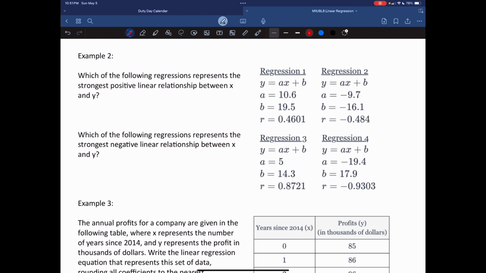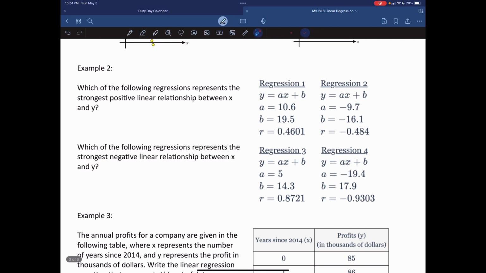Example 2 is going to be looking at the actual equation for a linear regression. So it'll state something like, which of the following regressions represents the strongest positive relationship between x and y? For each set of regression, we're given an equation, and you're going to take the letter, so like a goes at a.